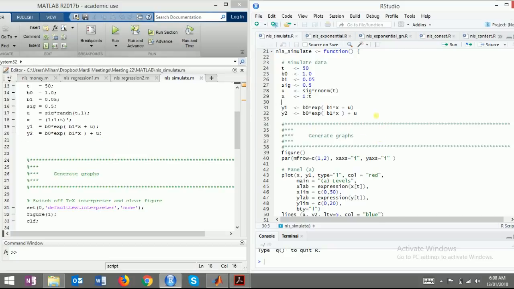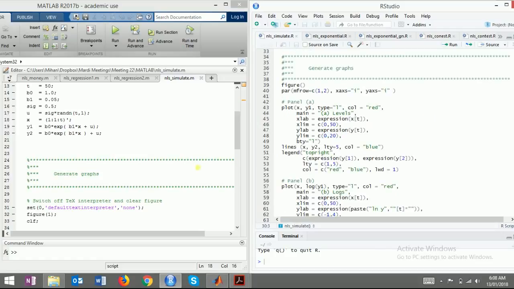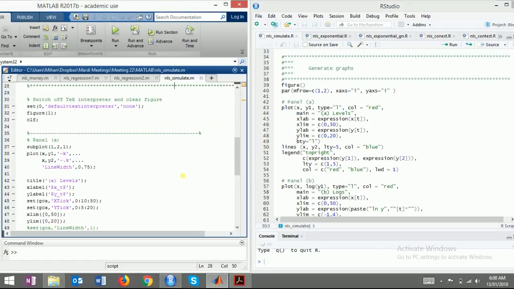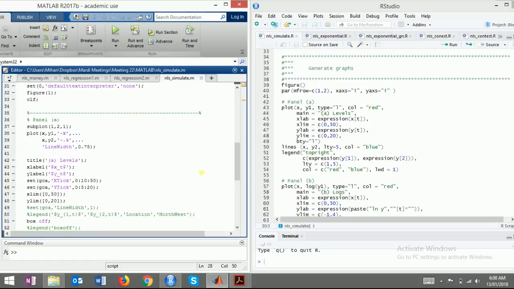It generates y1 and y2. Next comes plotting, regular plotting. We're just plotting with red color, type is linear. This is the main title.